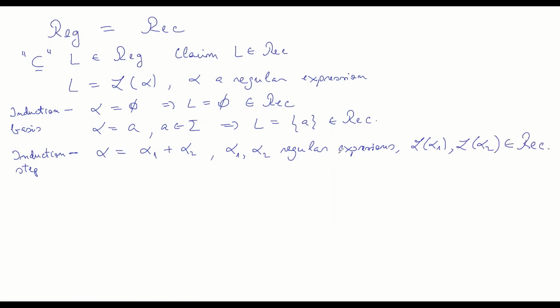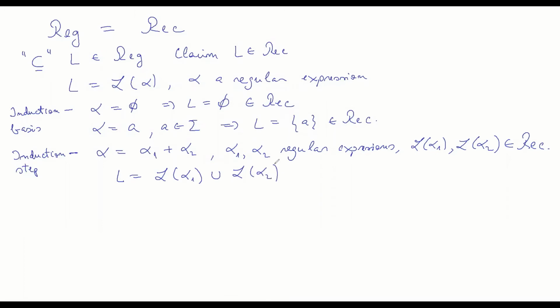So this is the usual induction step. Having this, the language L, which is the language of alpha, is going to be the language of alpha 1 union the language of alpha 2.